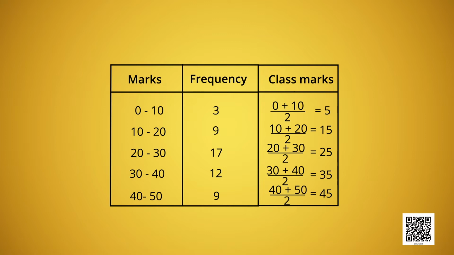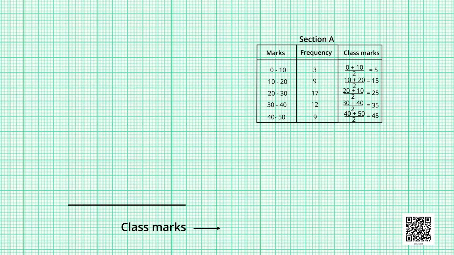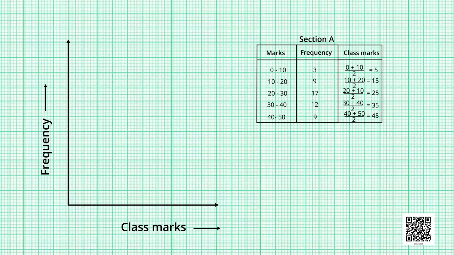Now instead of plotting the class intervals, we are going to plot class marks along the x-axis and frequency along the y-axis. We know that our class marks are ranging from 5 to 45. So we can take a scale in such a way that 1 unit is equal to 10 marks. So here we have 10, 20, 30, 40, 50, 60, 70 and so on.